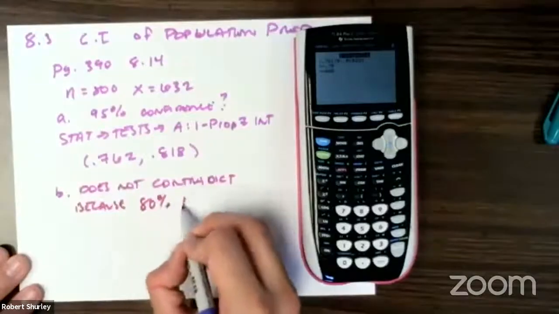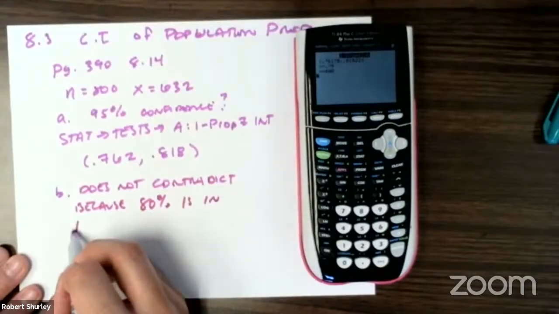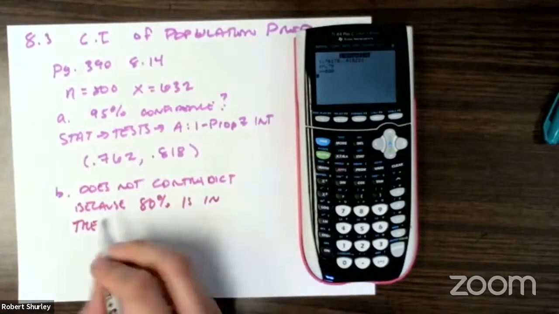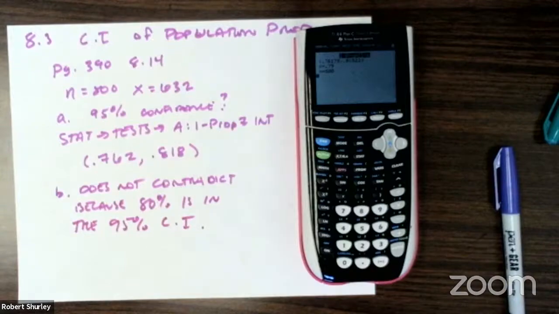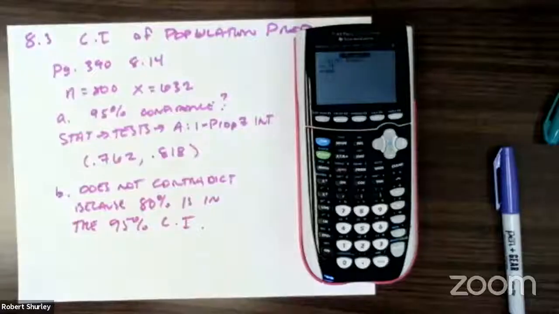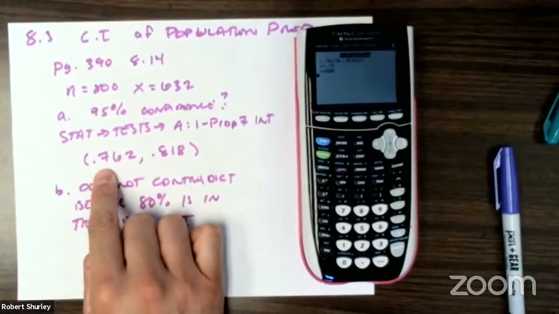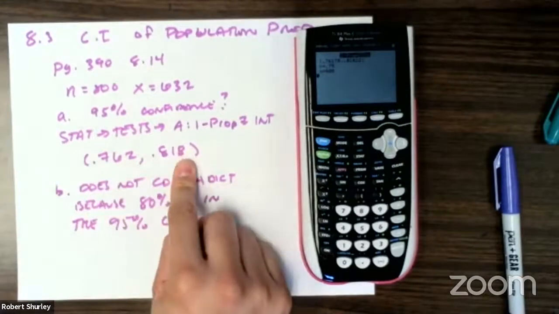Because 80% is in, was it a 95% interval? Yeah, we'll say 95% confidence interval. And that's because it's in between. You notice this is really 76.2% and 81.8%.